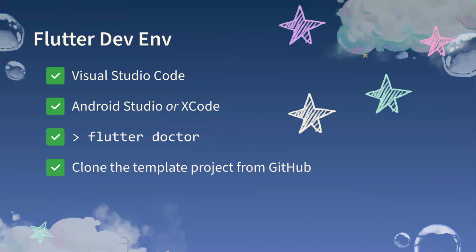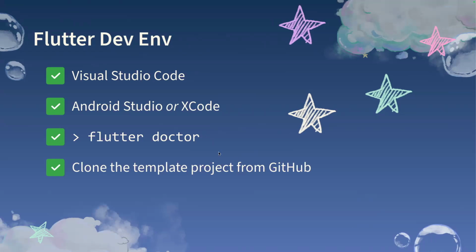We want to make sure Android Studio or Xcode is installed. Android Studio allows us to develop for Android, and it's supported on macOS and Windows, while Xcode, on the other hand, is only available on Mac, but it allows us to develop for iOS. So if you want to develop for iOS, you need a MacBook, but if you want to develop for Android, a Mac or Windows works.